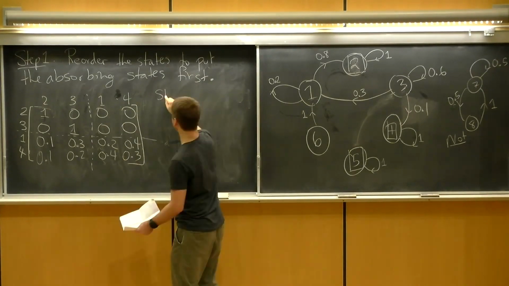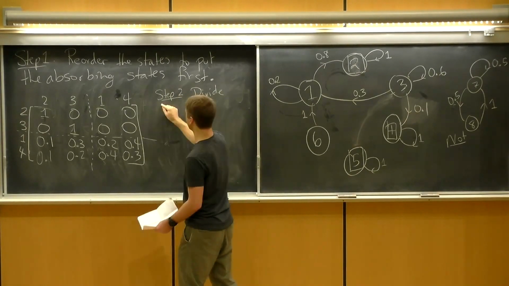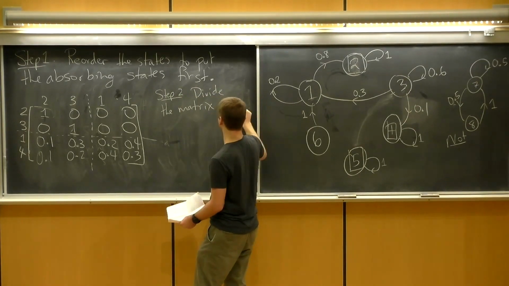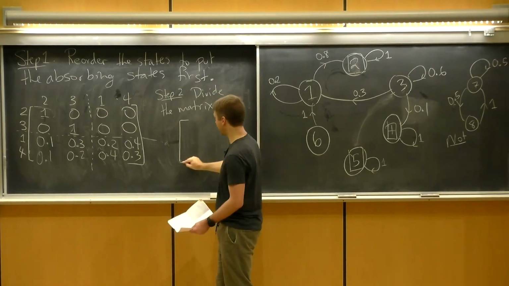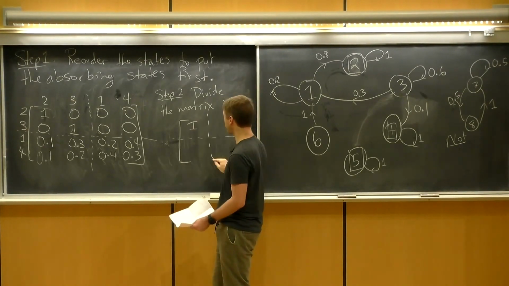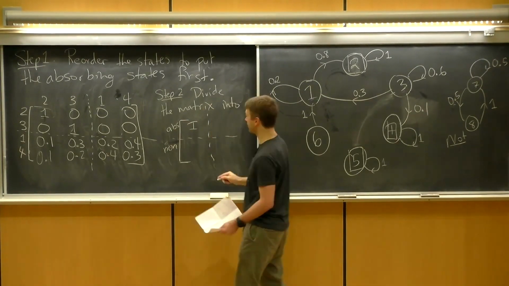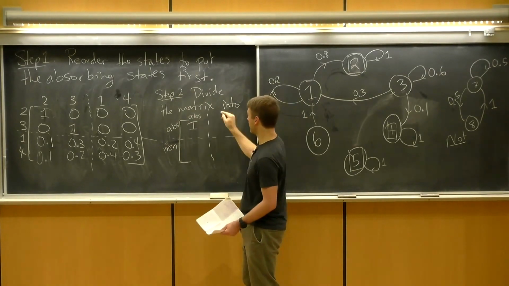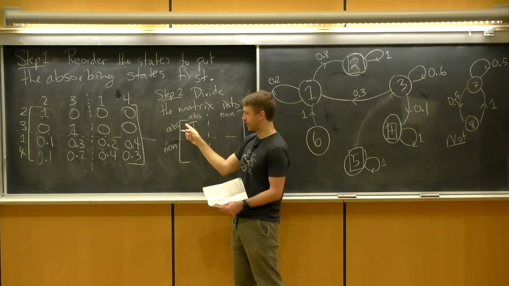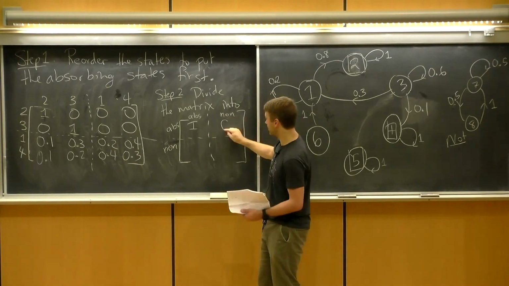So step 2, divide the matrix into something like this, where you have identity here. These are your absorbing states, and these are the non-absorbing states. So this is the identity matrix where the number of rows and columns is equal to the number of absorbing states.